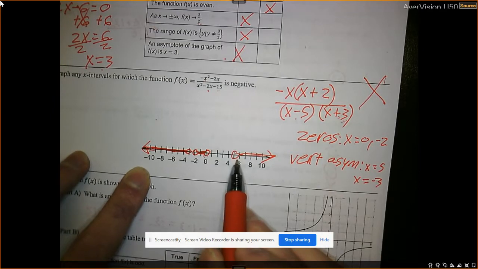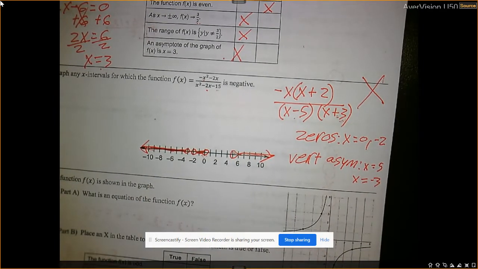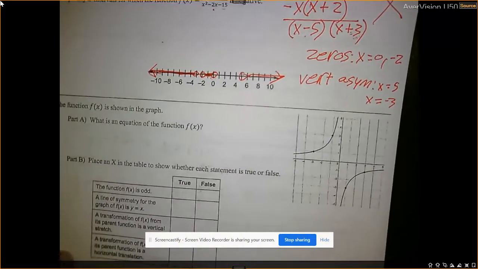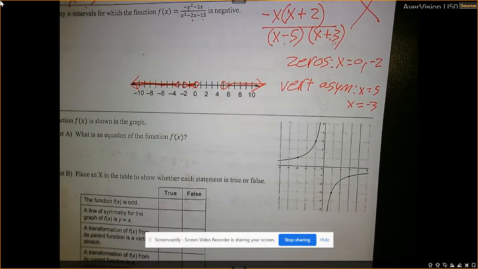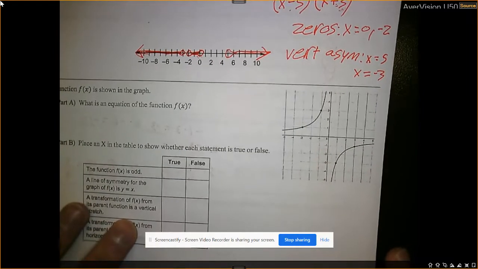Once it hits 5, then you are back negative for the rest of the graph. And that's stuff you can see if you plug that into your graphing calculator also. So remember, use the tools that you have. You don't have to do this all algebraically. Algebra does help you a lot, and then finish it off using your graphing calculator, if that helps.